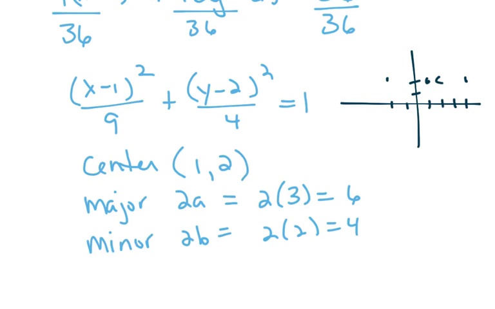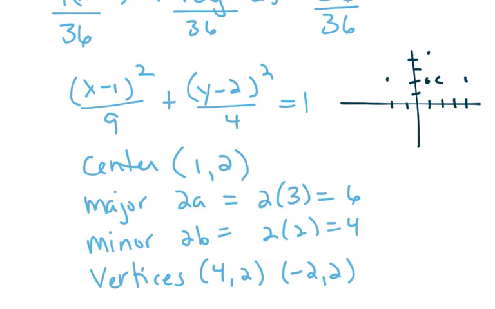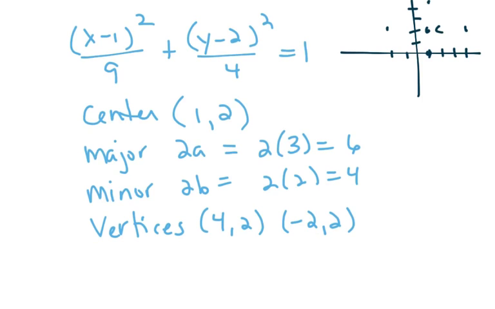So the vertices, 2 of them, are at 4, 2, and -2, 2. And then the other 2 are 2 units above and 2 units below the center. So the other 2 vertices are at 1, 4 and 1, 0.